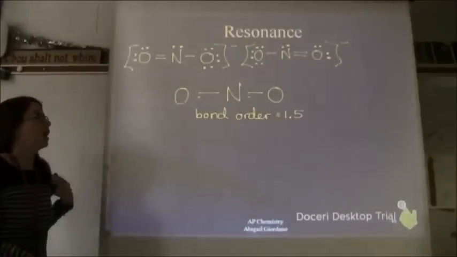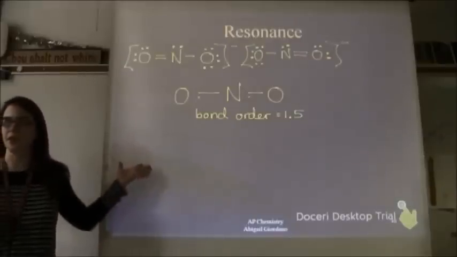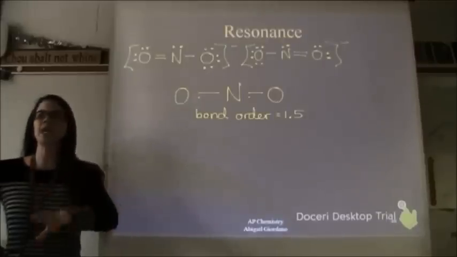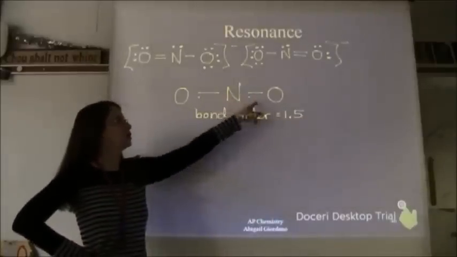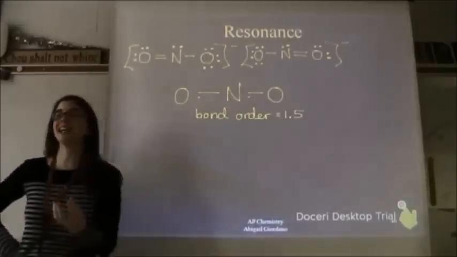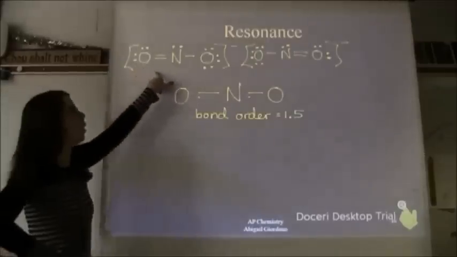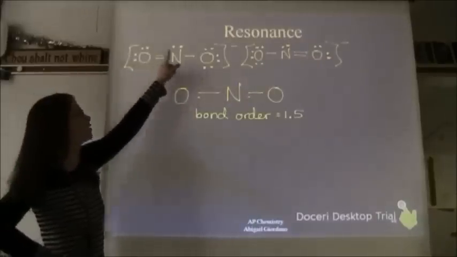Okay? I have seen questions addressing this very issue, saying things like, explain why nitrite's two bonds are identical. Okay, and at first, if you were to only think of this, you might say, well, that's not true. These two bonds are not identical.